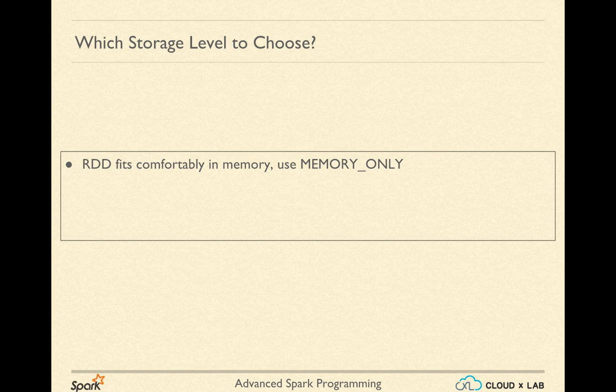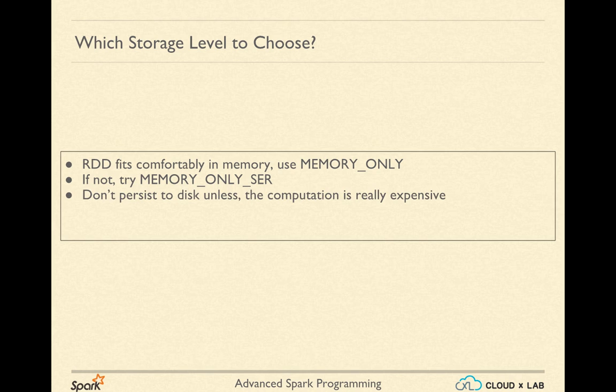This is the most CPU efficient option, allowing operations on the RDD to run as fast as possible. If not, try using memory-only serialization and selecting the fast serialization library to make the objects much more space efficient, but still reasonably fast to access, Java or Scala.